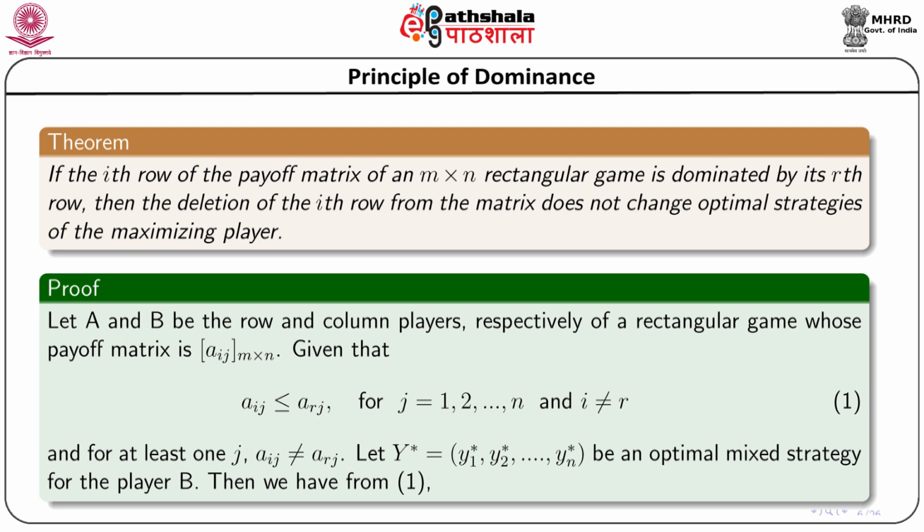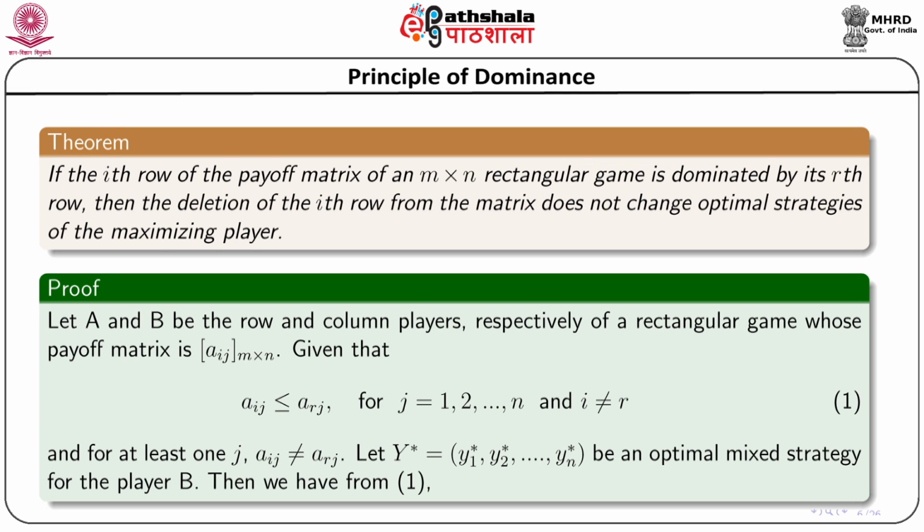And for at least one j, Aij is not equal to Arj. Let Y star equal to y1 star, y2 star up to yn star be an optimal mixed strategy for the player B.